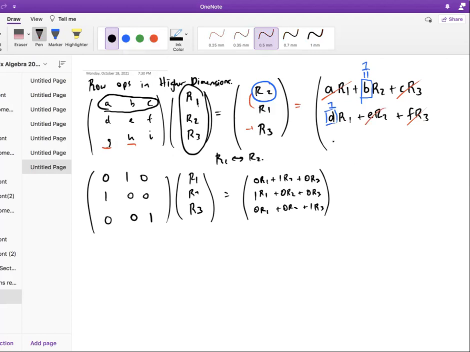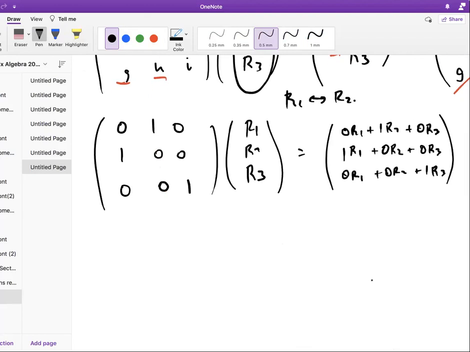And the last line, G row 1, H row 2, and I row 3. Since row 3 just doesn't change, we want a 1 back, 1 row 3. Good, so this is the row 1, row 2 swap.